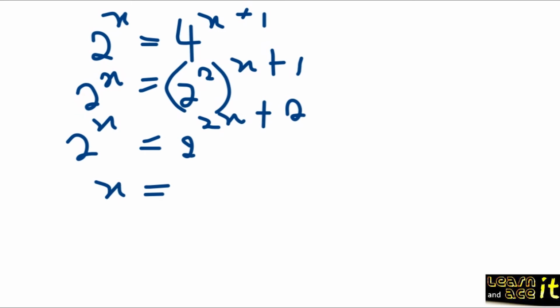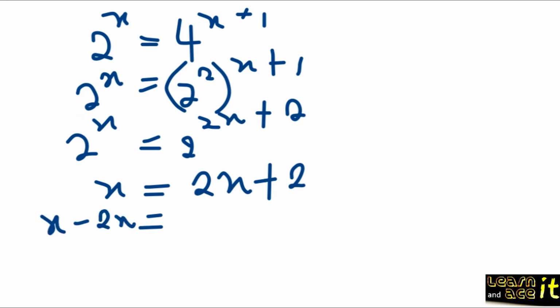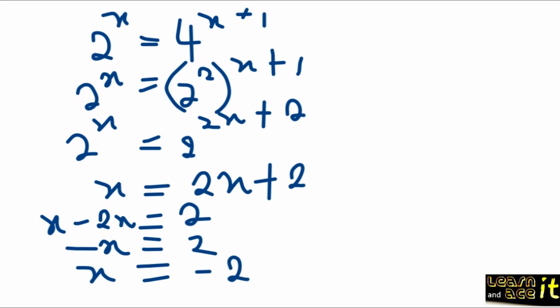So it will be x equal to 2x plus 2 there. Alright, so from here I can group the like terms, so it will be x minus 2x equal to 2. And then what is x minus 2x? That will give you negative x equal to 2. And then the final answer there will be x equal to negative 2.